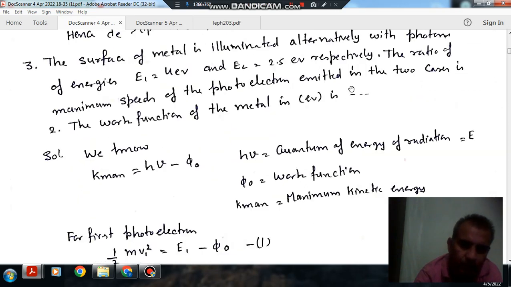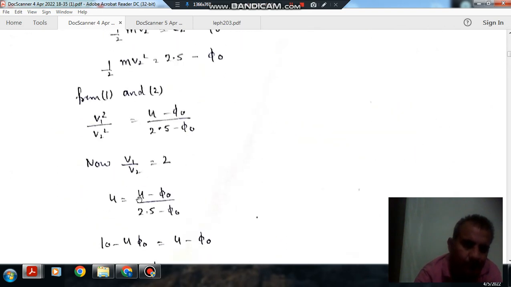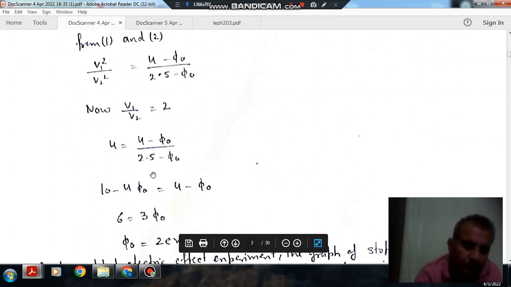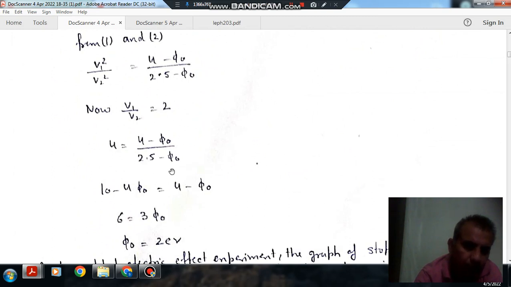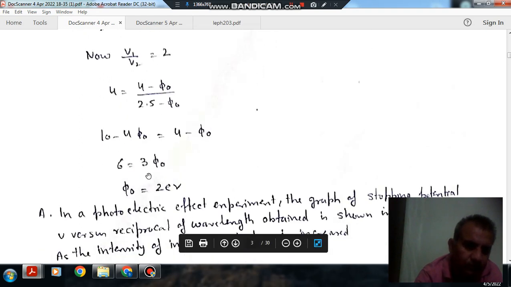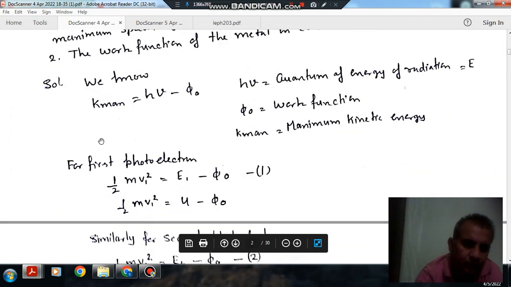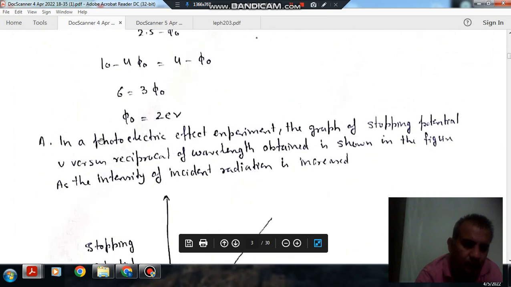So the ratio is 2, which we can write as 4 equals 4 minus phi naught over 2.5 minus phi naught. Cross multiplying, 2.5 into 4 minus 4 phi naught is equal to 4 minus phi naught, or 6 is equal to 3 phi naught, and phi naught is equal to 2 electron volt. So the work function of the metal is 2 electron volt.